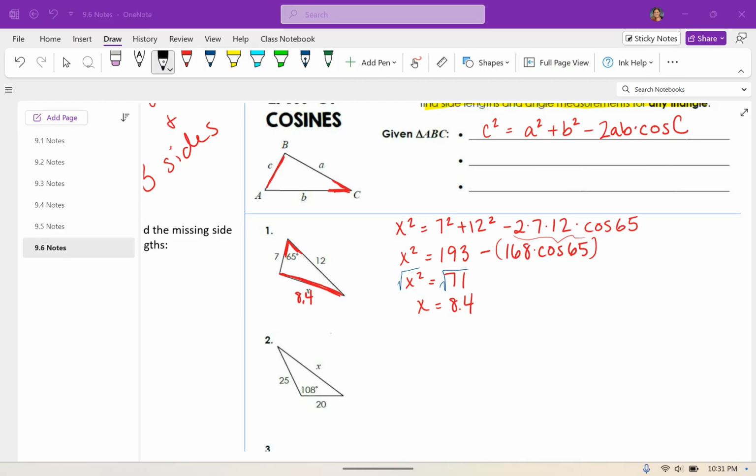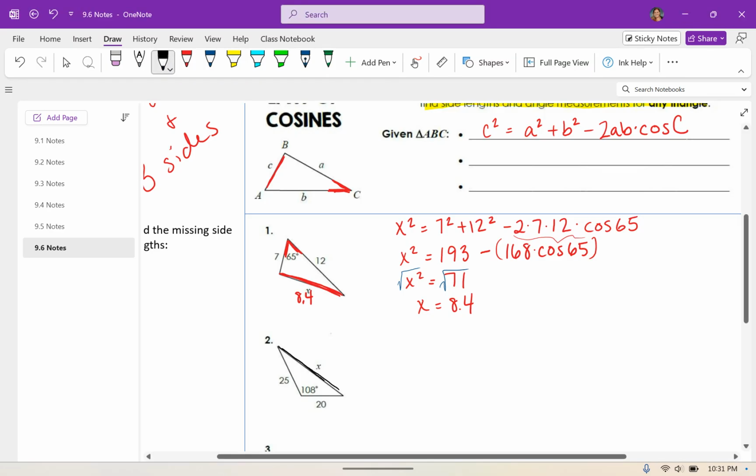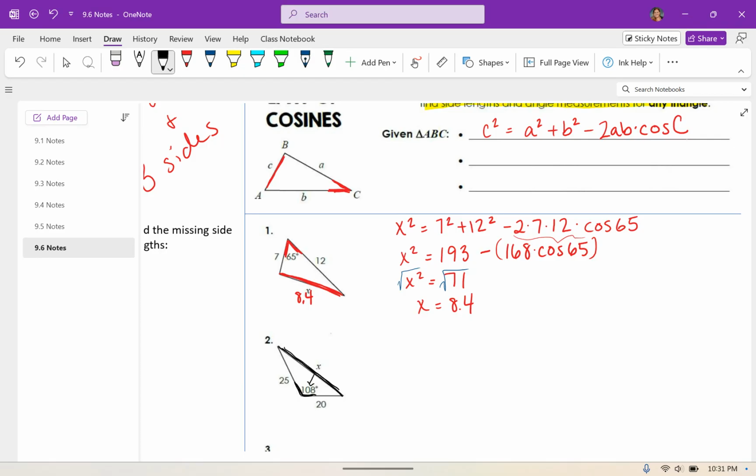So we are given our side length x and the angle across from it. Plugging it into the formula, x squared equals a squared plus b squared, 25 squared plus 20 squared minus 2 times 25 times 20 times cosine of 108.